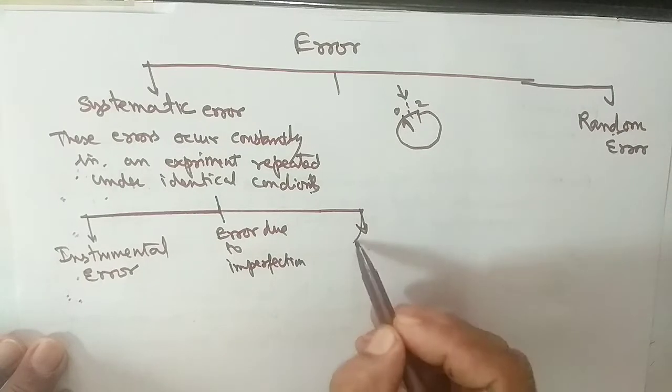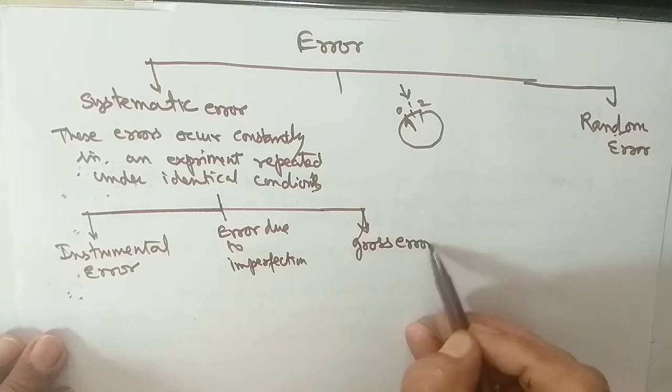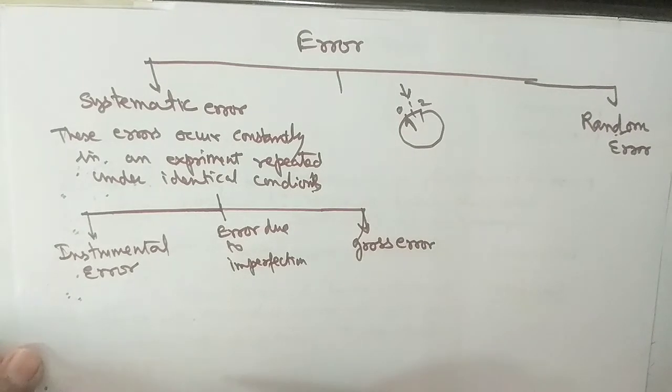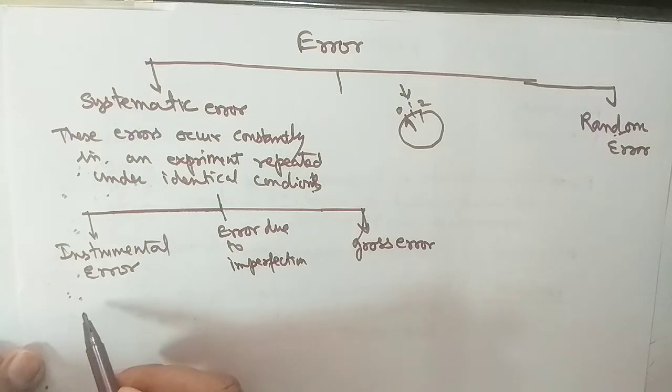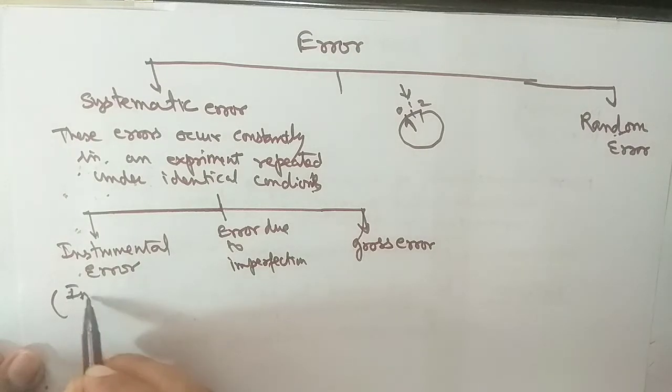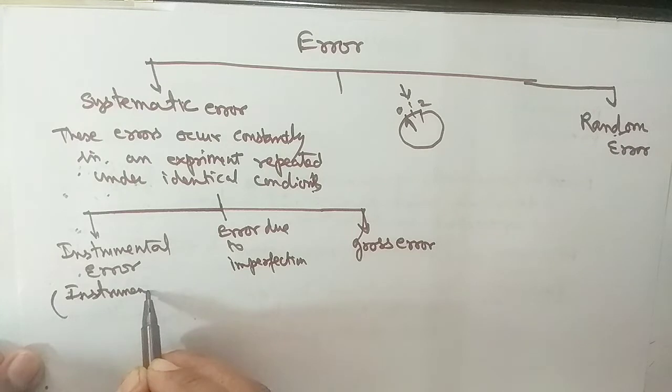And third is known as the gross error. Now you should know the differences between them also. Instrumental error is due to a basic or fundamental shortcoming in the instrument. Suppose the instrument is already defective, so it is the instrumental shortcoming.